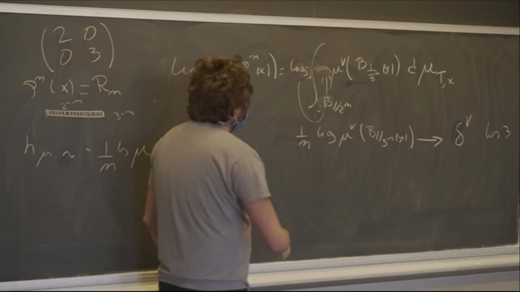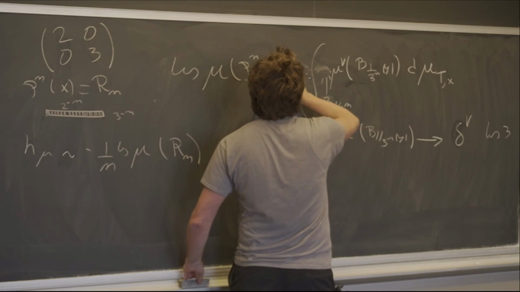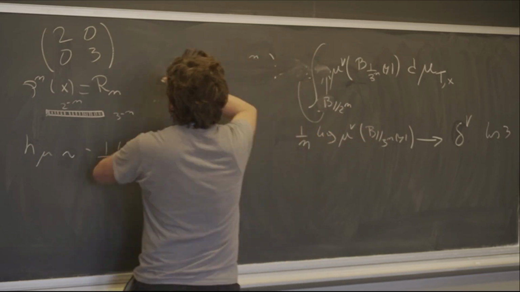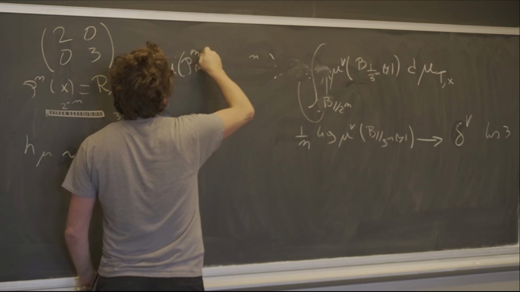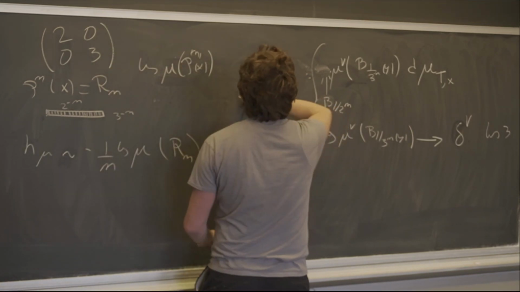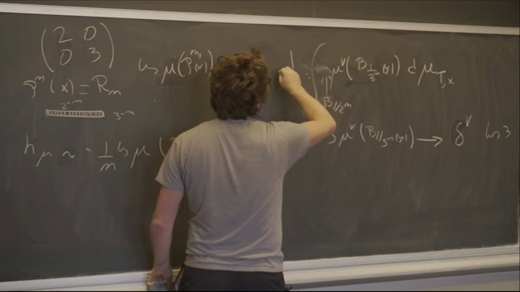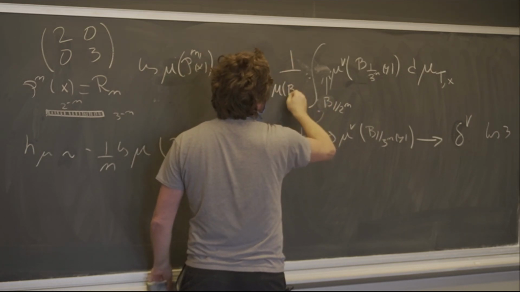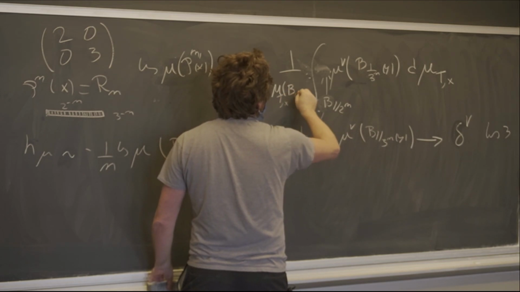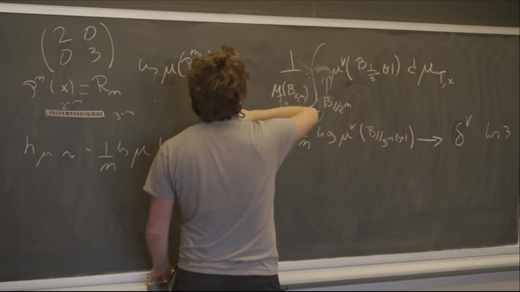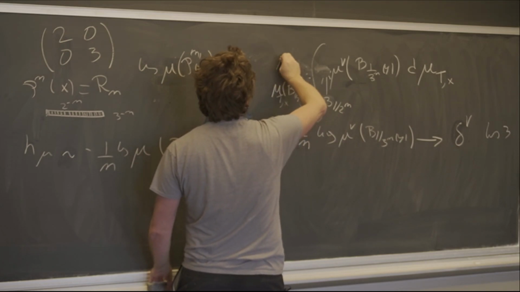So here you multiply and divide by the measure, the transverse measure mu, and you multiply by this term.